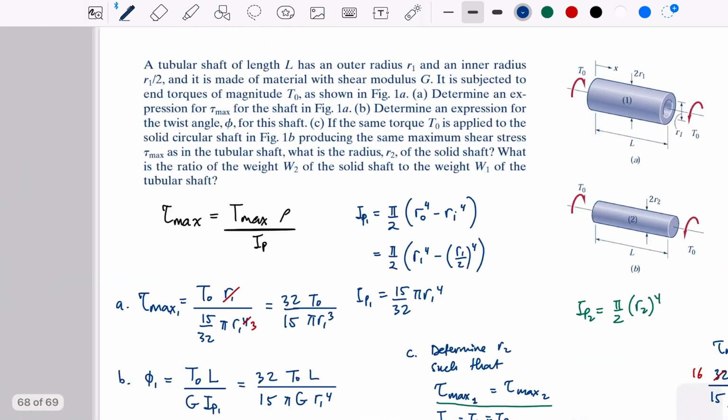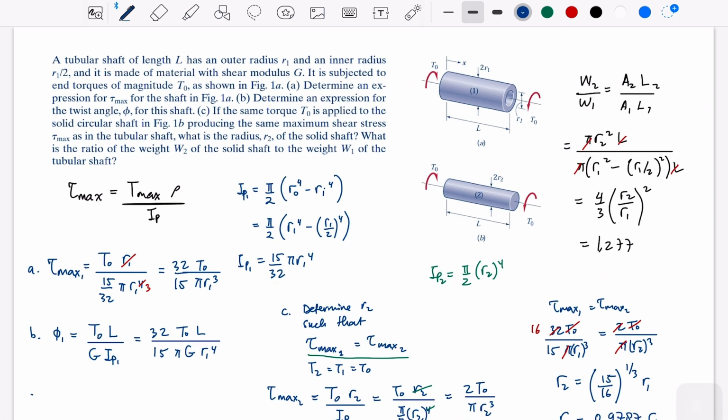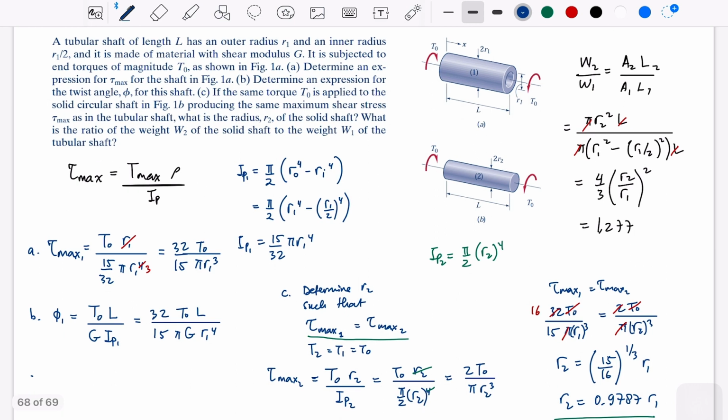Okay, and then this is also an example on how to use the formula.